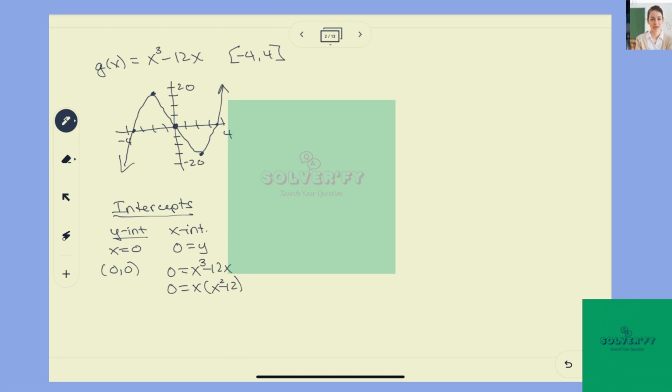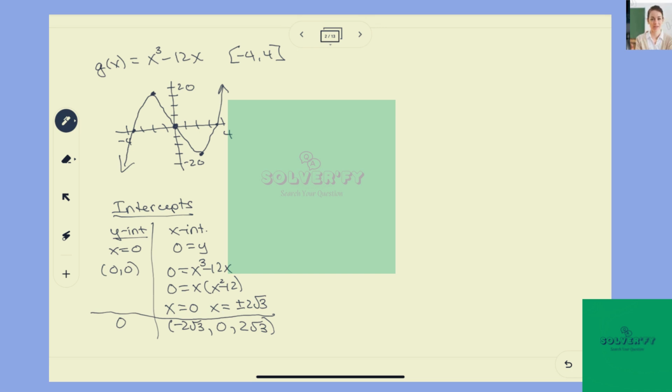So my x-intercepts are going to be at 0 and at plus or minus the square root of 12, which is 2 radical 3. So my x-intercepts are going to be -2 rad 3, 0, and +2 rad 3. My y-intercept is just going to be 0. And there you have those.